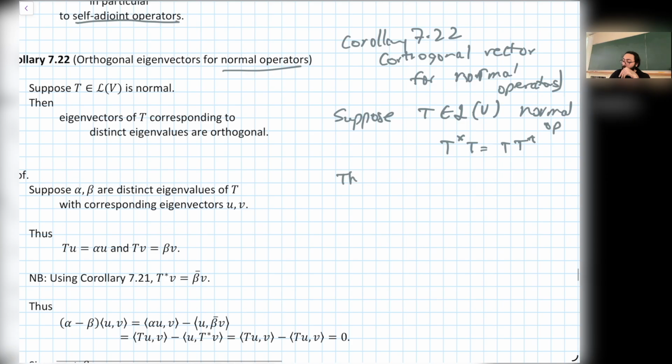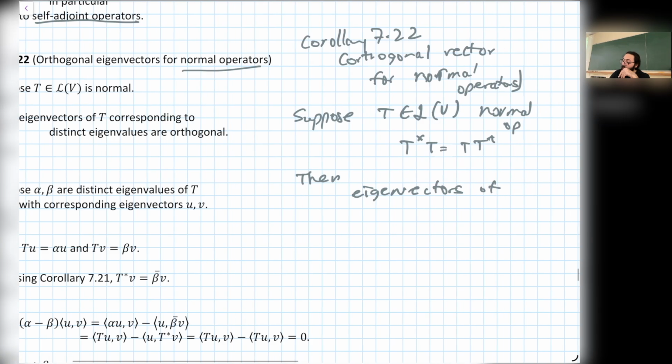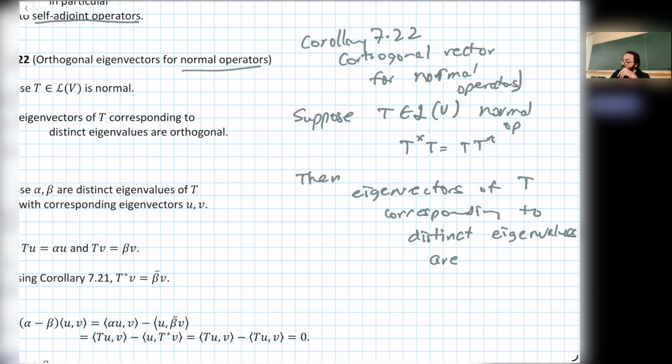Then the eigenvectors of T corresponding to distinct eigenvalues are orthogonal.